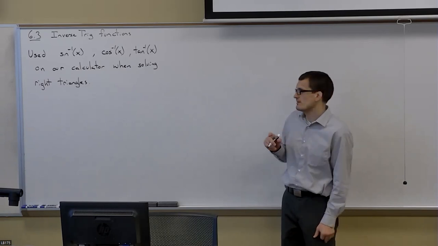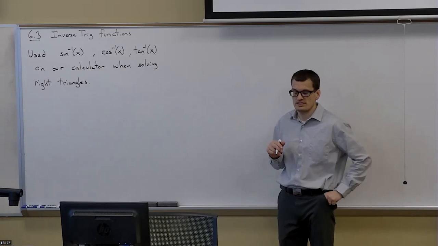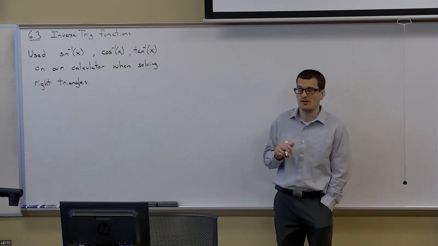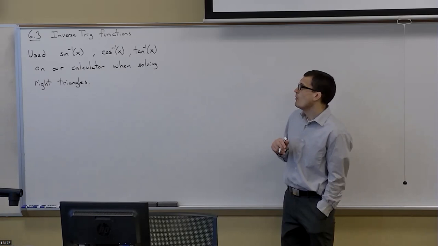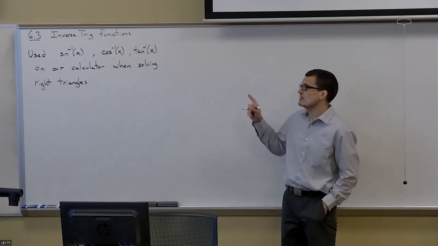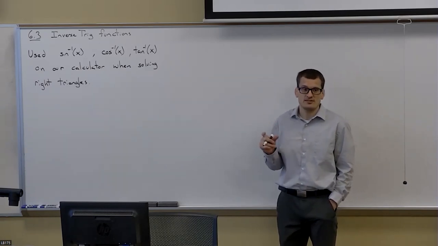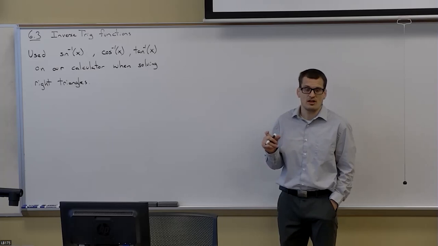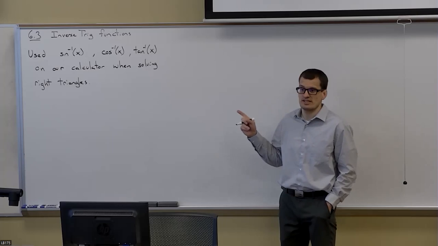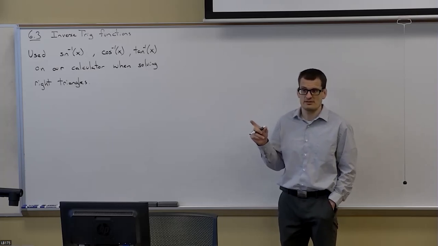Now, here's the deal, and this is basically all of what 6-3 is, okay? We have to create functions out of these. That means when we create functions out of these, we have to restrict our domain, okay? Or else they're not going to be functions.